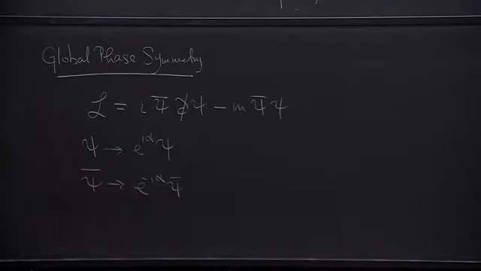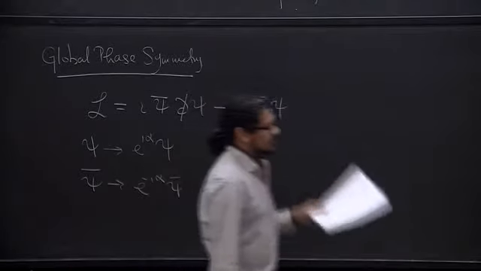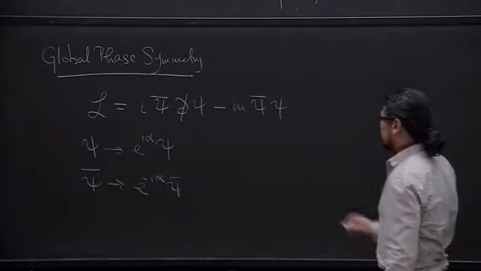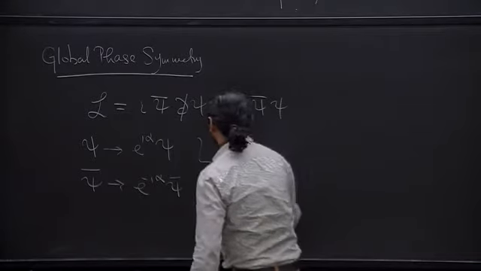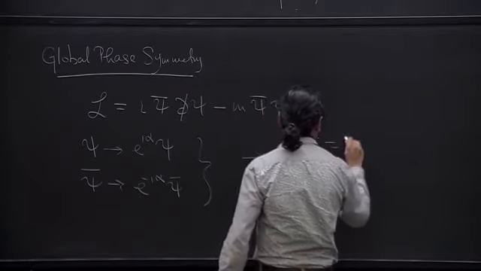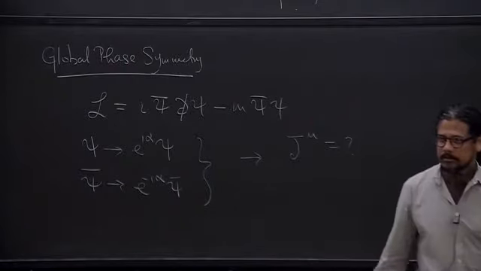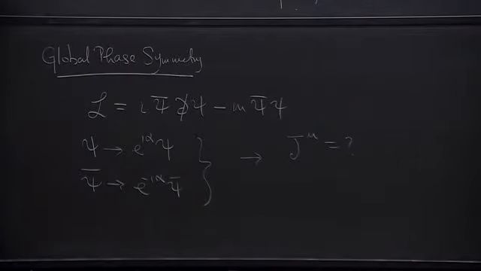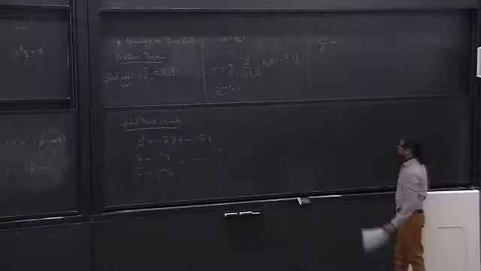Now let me give you a few minutes, say 3 to 5 minutes. Can you find out what is the conserved charge for this symmetry? So talk to your neighbors and figure out what this is. Okay? The formulae are given there.